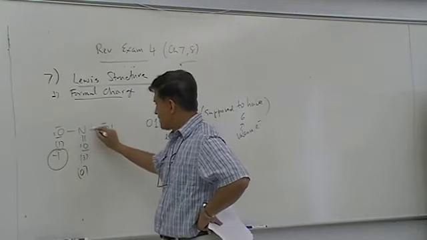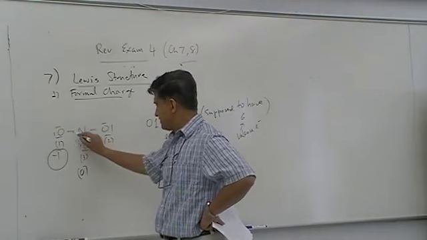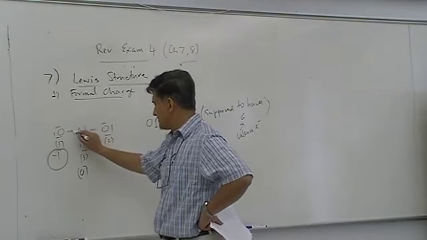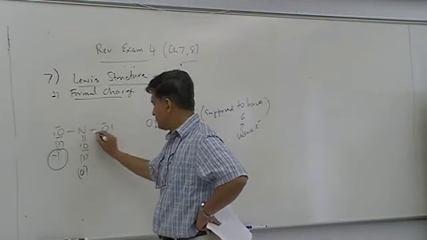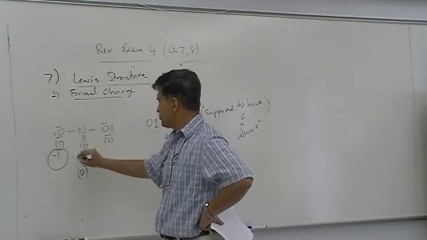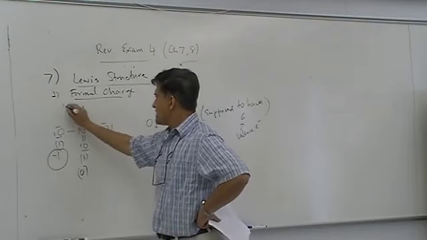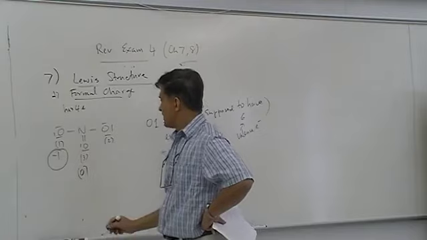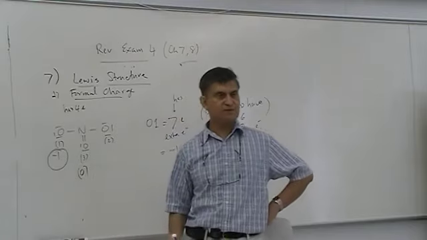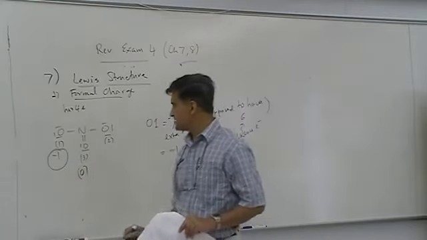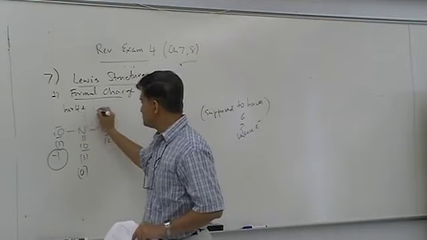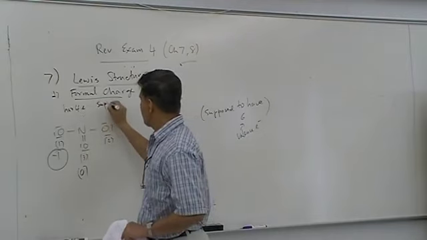How many electrons do we have altogether in this structure? Again, 1 coming from this single bond, 2, 3, 4. It has 4 electrons. And how many is it supposed to have? By looking at the periodic table and counting from left to right, you'd find that it's supposed to have 5.